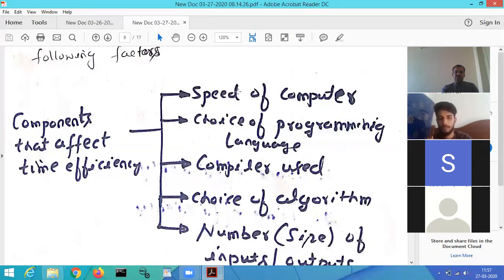For example, one person may use an i5 processor with 1.5 gigahertz. Another person may use an i7 processor with 2 gigahertz.